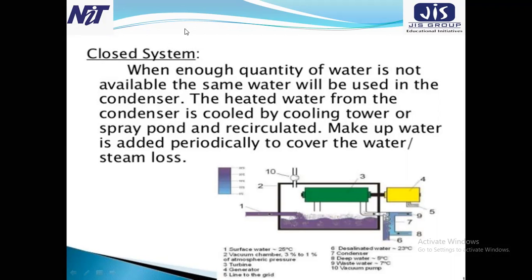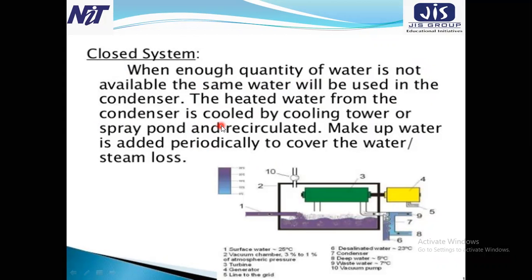Now try to understand what the closed system is. When enough quantity of water is not available, the same water will be used in the condenser. If the open source is not available, then we have to use the same water, because sometimes it is not possible to take from open sources.